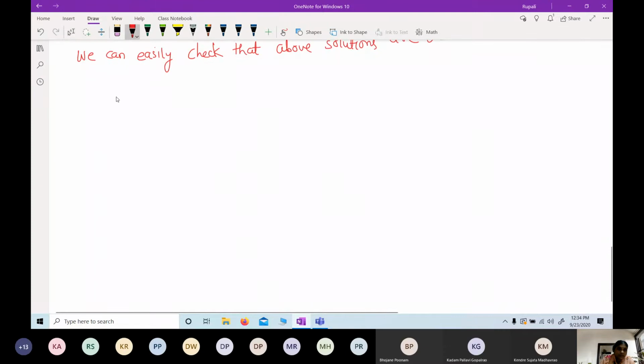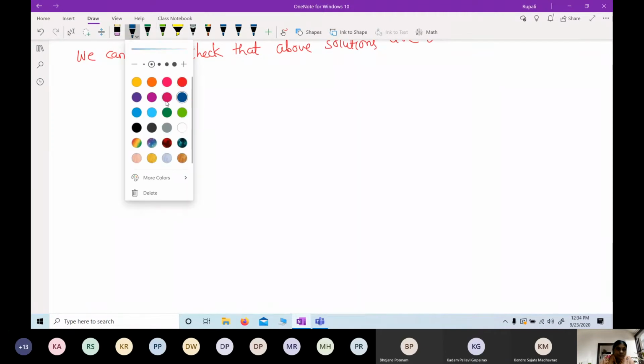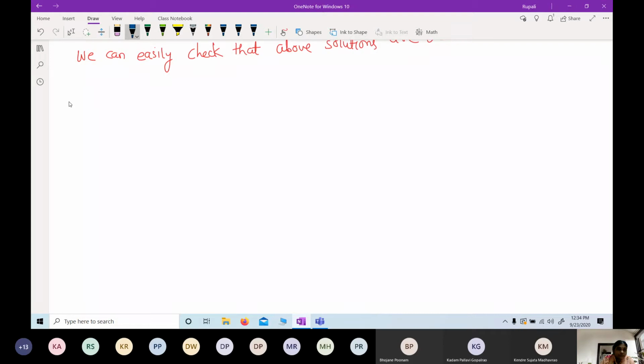Okay, we will see the case now. So first I will write the cases for the characteristic equation. In the remark we can write case 1.